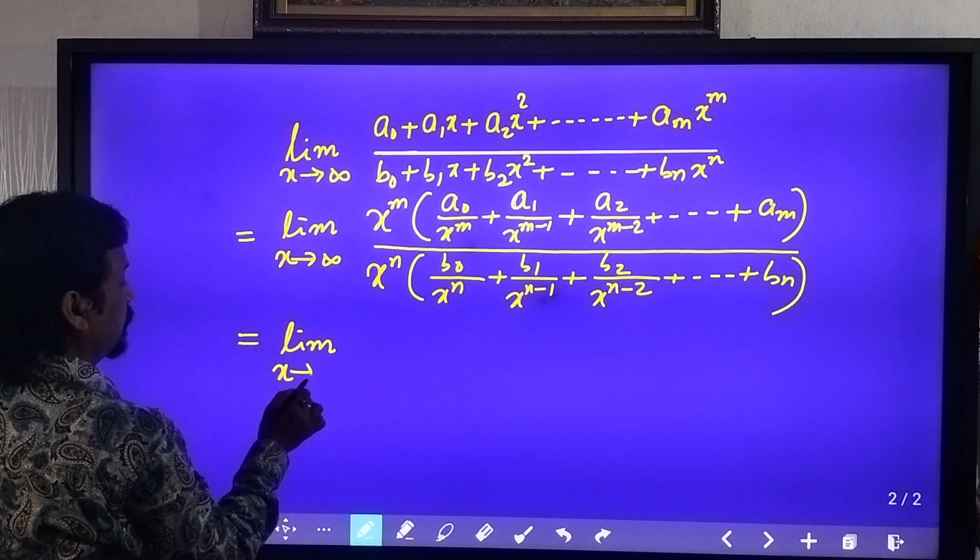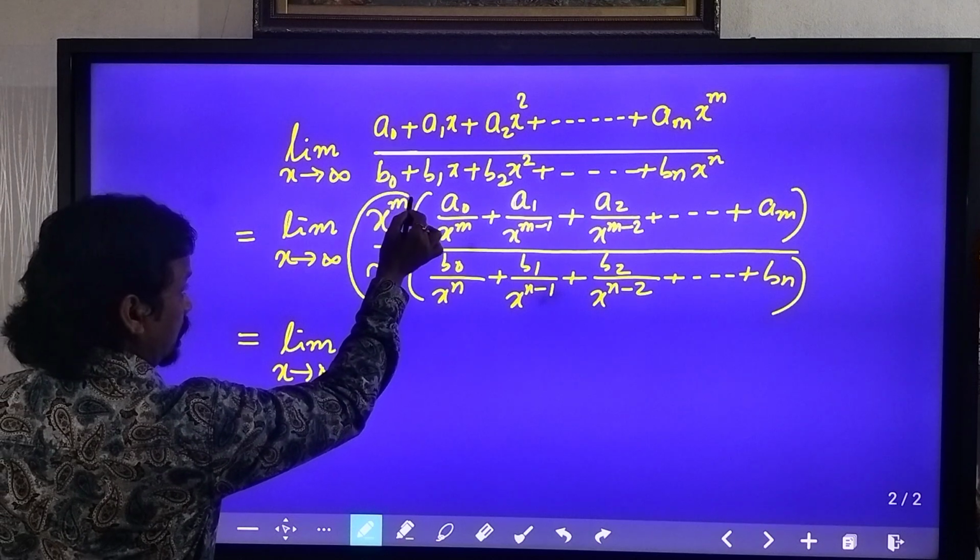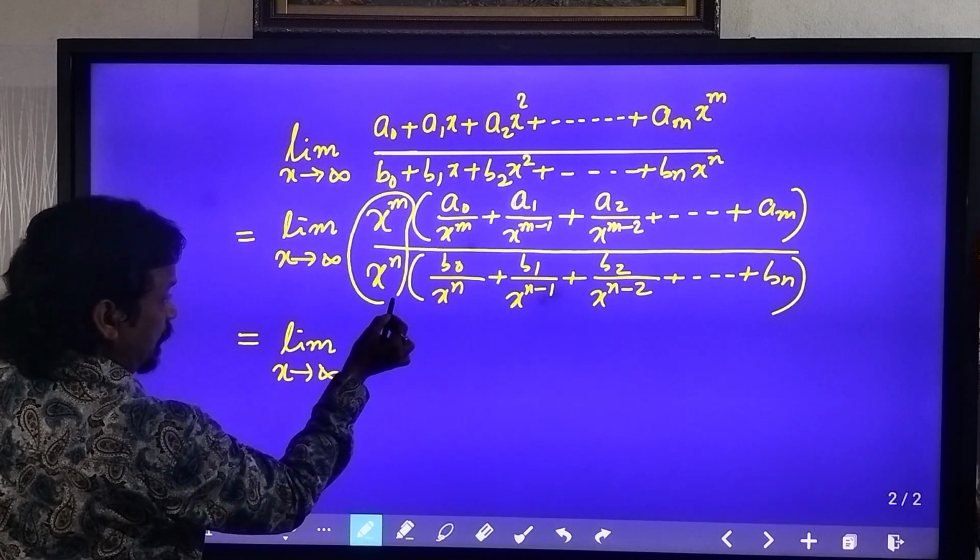Limit x tends to infinity. This quantity, I am writing separately.